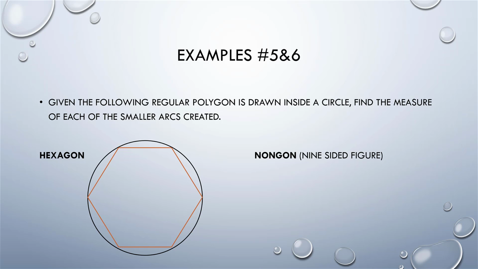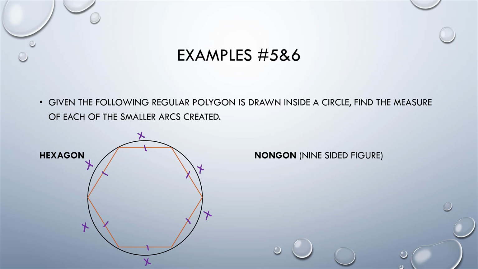Same type of problem, but now we have a hexagon. A hexagon has 6 sides, but it's still a regular polygon, which means it has all congruent sides. So here we have 6 congruent chords inside my circle, and that just means that we have 6 congruent pieces of my circle, or 6 congruent arcs on the outside.